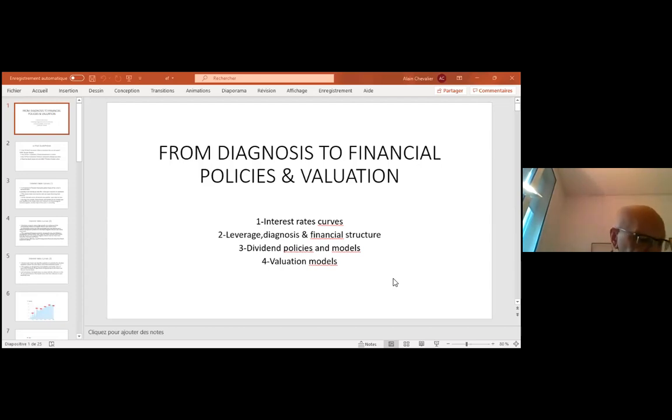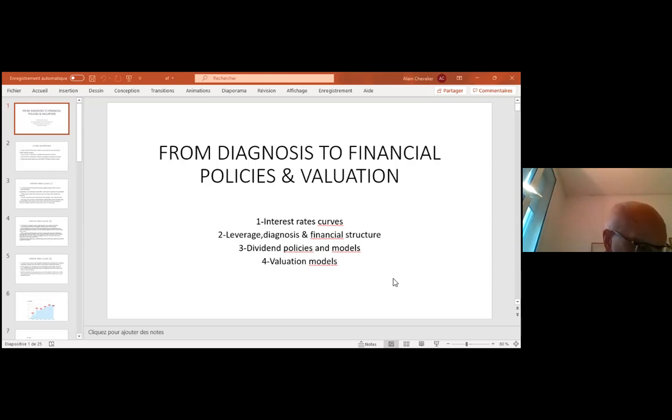Remember what we did up to now. We had 4 sessions together. The first one was mainly on financial plan and investment decision. We tried to add more to traditional calculations like NPV, internal rate of return, and so on, and to design the kind of architecture integrating all the elements which are necessary to design a financial policy.